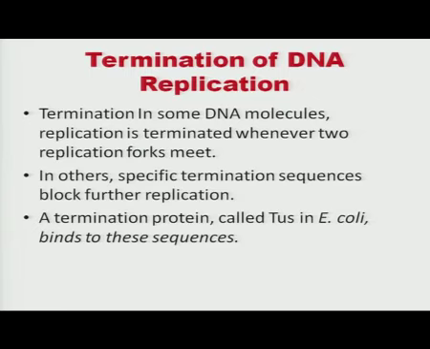If both forks meet, the replication will be terminated. And another is specified by termination sequences, where a Tus protein binds, and this Tus protein will inhibit the movement of DNA helicase, and because of that the DNA replication will be terminated.